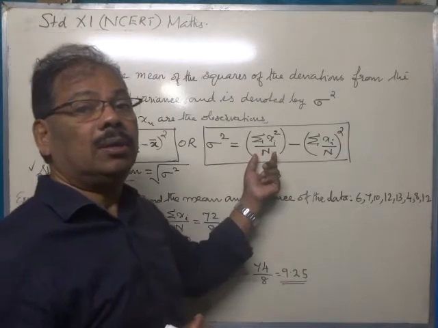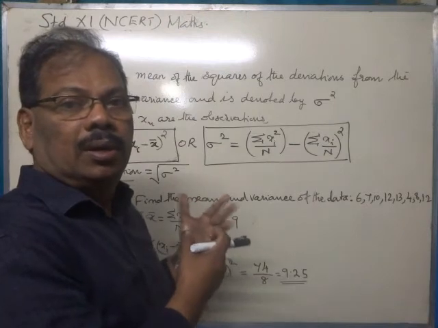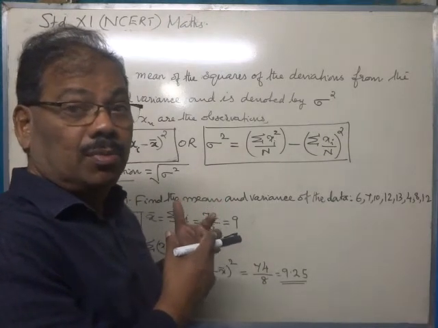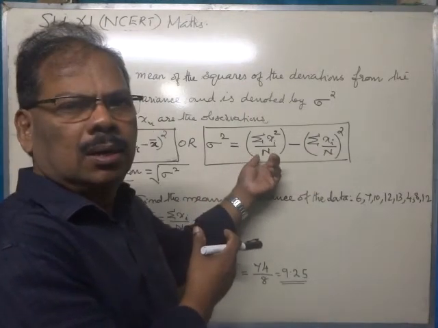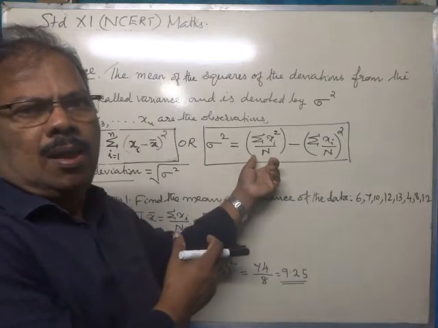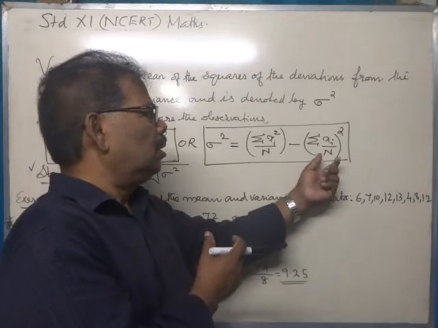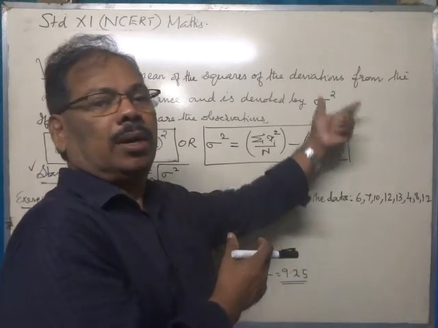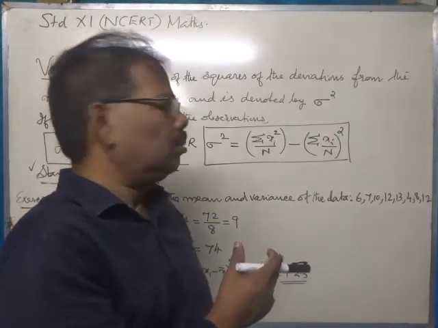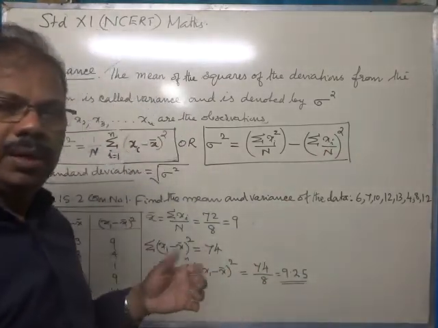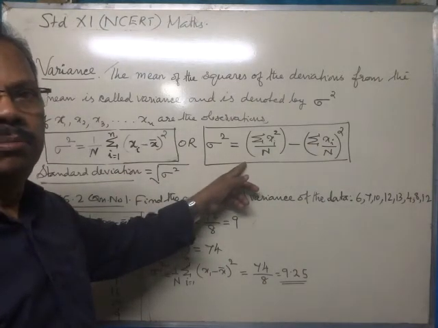We find the sum of the squares of the given observations divided by the total number of observations, minus the mean square. Sigma xi by n is the mean, and its square is the mean square. So to find the variance, we can use this formula or the previous one. The answer will be the same.